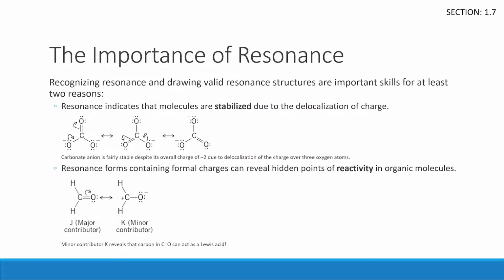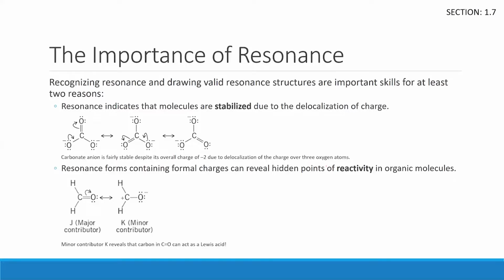You want to be able to recognize resonance and understand how to convert between resonance forms and draw them. It's important for two reasons. Again, I pointed this out: resonance indicates that a molecule is stabilized because of its delocalized charge. Being able to resonate between these different forms means it is stable.